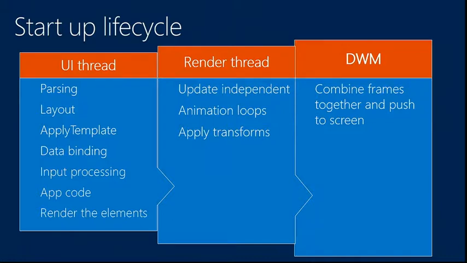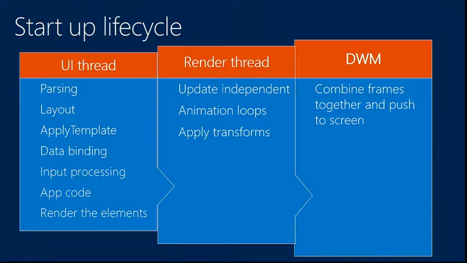We've got three threads at play. So there's three different processes that are at play here inside the system. It's something I really want you to understand. We've got a UI thread. This is what we're used to in our desktop applications. This is our single thread that everything happens on inside our app. Whenever we make application code or whenever a callback comes into our application, that's what's happening.